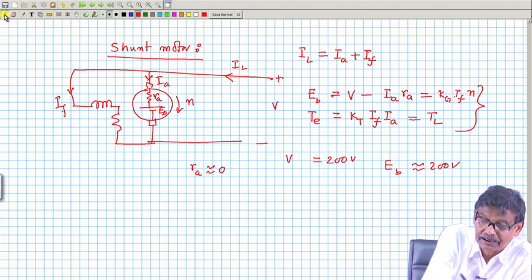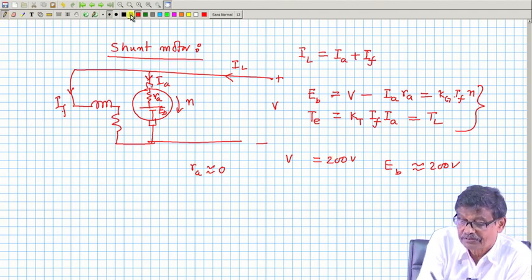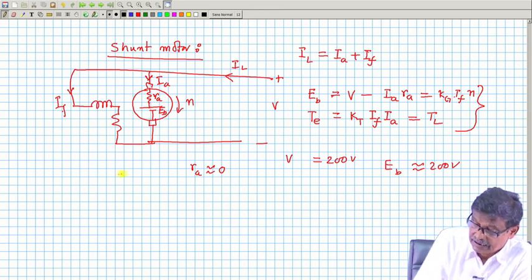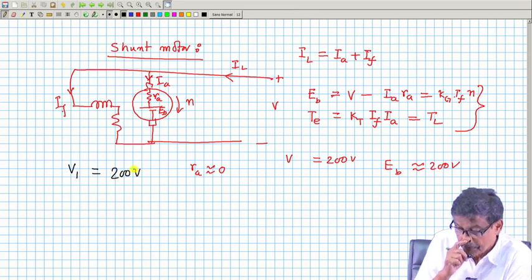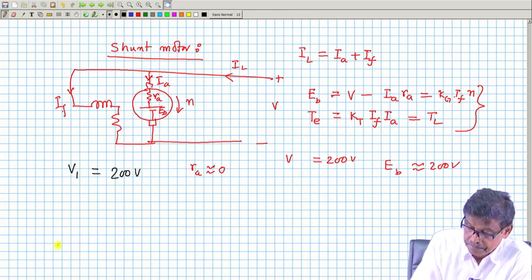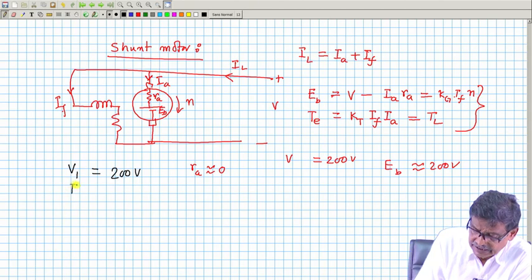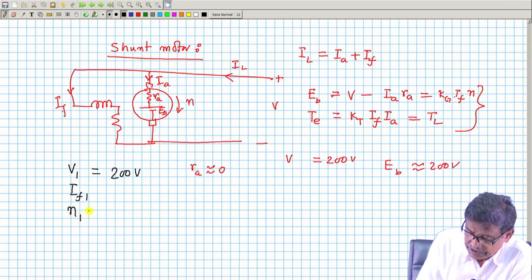Now, let me ask you that V 1 I have applied is 200 volt. Field current initially is some I F 1, and the initial speed of the machine is suppose 1000 RPM.